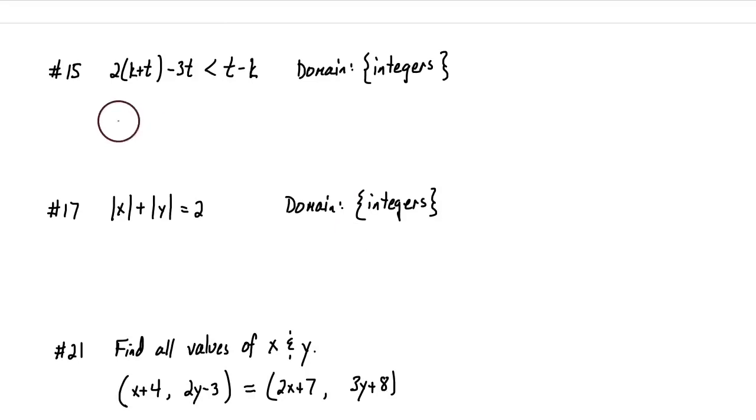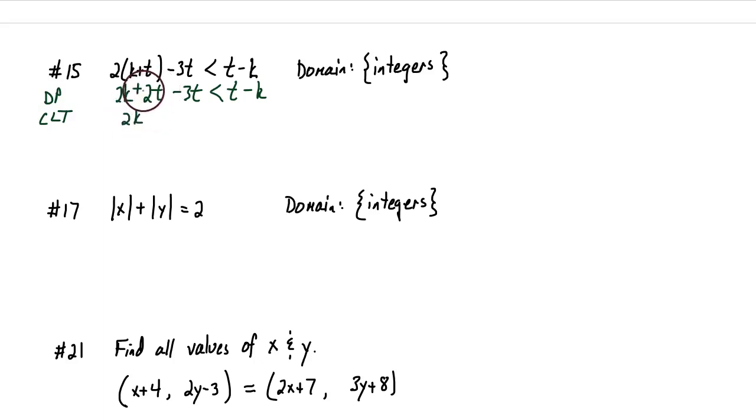Number 15, let's use our same systematic approach and solve this for the letter t. So first the distributive property, 2 times k, and then 2 times t. Next, let's combine like terms.